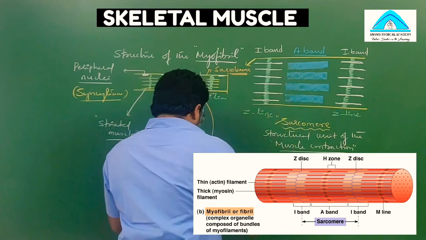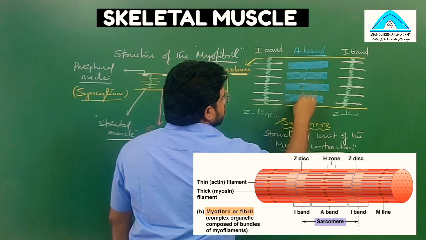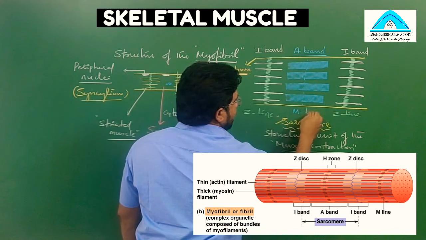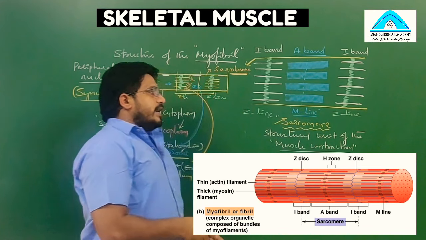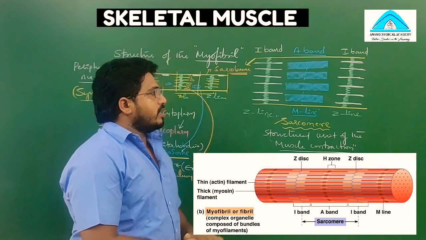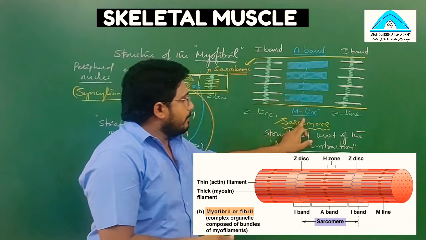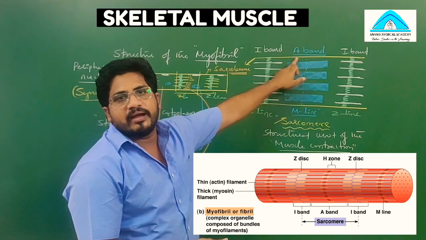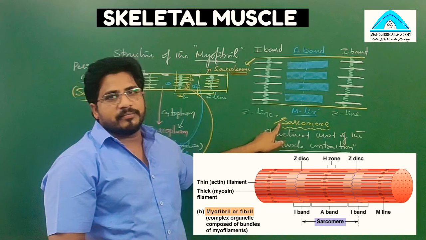At the center of the A band, the M line is present. This is a kind of observation. One should understand that the Z line is present at the center of the I band, the M line is present at the center of the A band, and the A band is present at the center of the sarcomere.